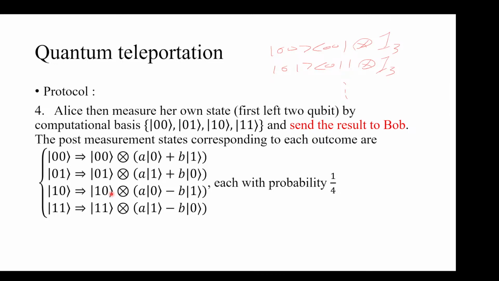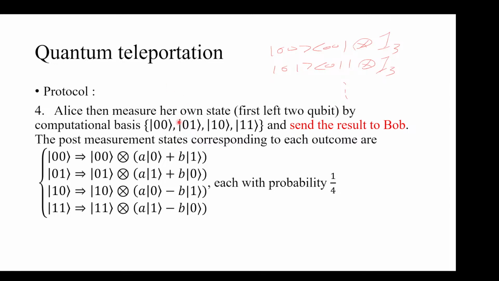And the next step is we measure in the computational basis. It's easier to think about this in the generalized measurement formulation. What we do is we project the state onto 4 different projectors.